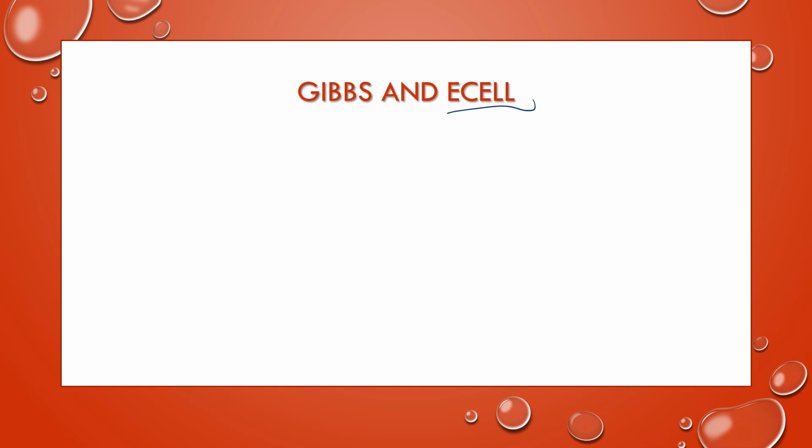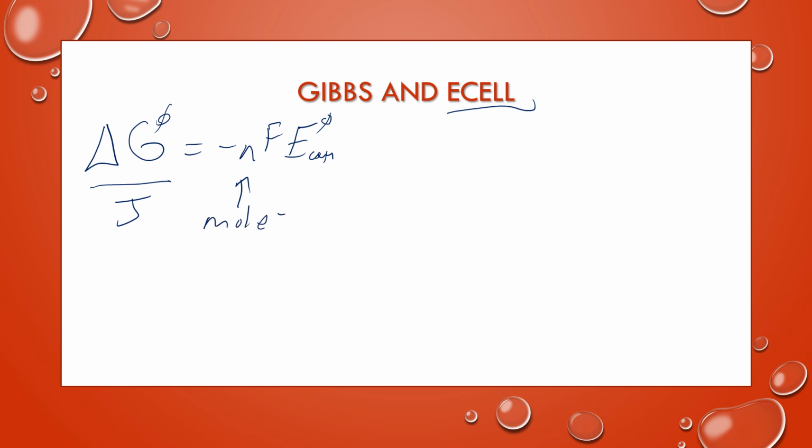And so Gibbs free energy and the cell potential are related. The equation that relates them is delta G standard equals negative n F E standard cell. This is where delta G is Gibbs free energy, and that's in joules. n is the moles of electrons for the process.